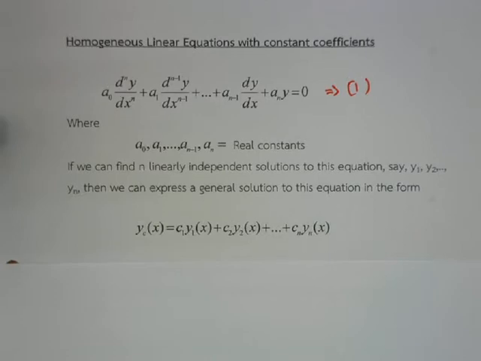If we know that y1 to yn are linearly independent solutions, then we can write down the general solution as yc equals c1 y1 plus c2 y2 plus c3 y3 plus until cn yn, where c1, c2 until cn are constants.